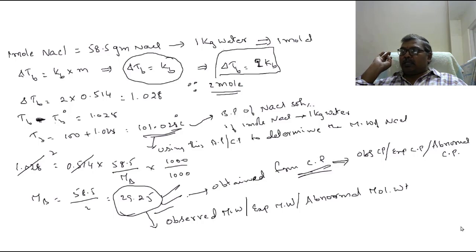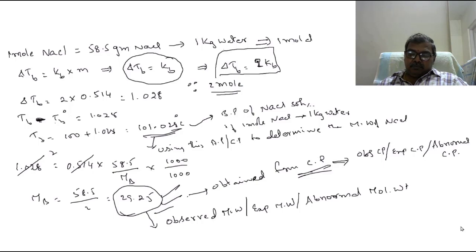Colligative properties' most important application, I told you before: in 1950, after which mass spectra was discovered. But before mass spectra, molecular weights of solutes were determined by using colligative properties. Right?